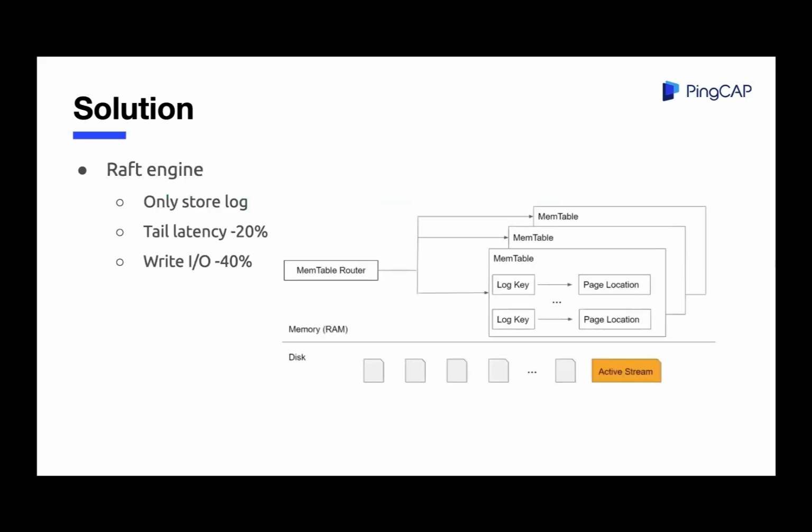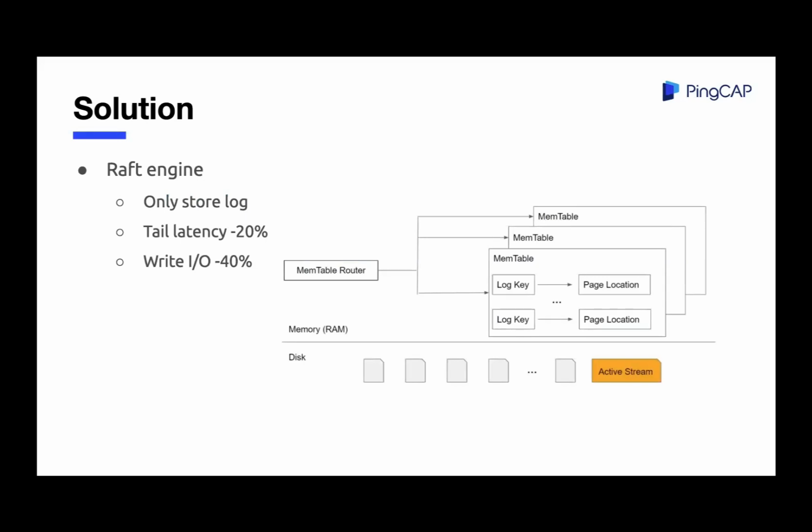And for the log storage, as I explained, RocksDB is not designed for storing logs. So instead of a lot of tuning, we developed our own Raft Engine. The idea of Raft Engine is that logs are always appended, and they get truncated very frequently.